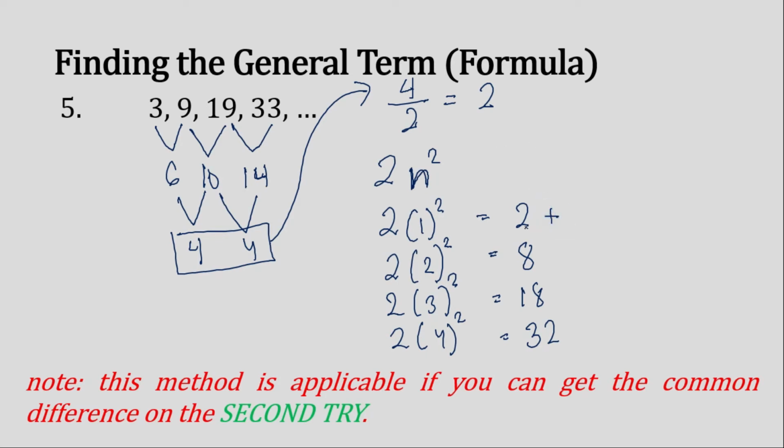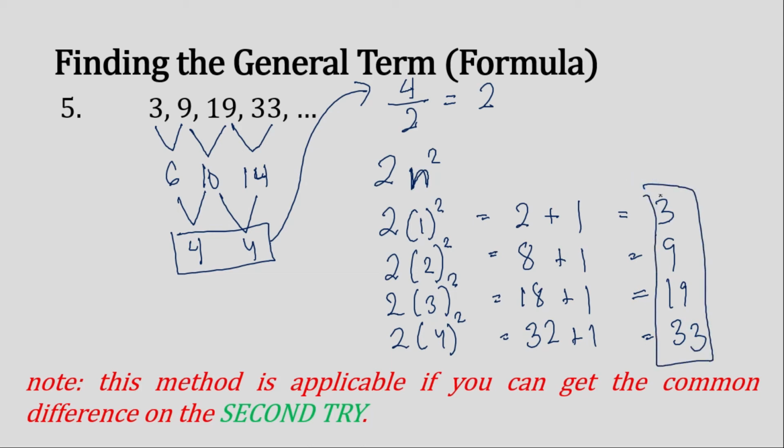So to make 2 into 3, we need to add 1. To make 8 into 9, we need to add 1. To add 1, and then to add 1. And that makes this 3, 9, 19, and 33. So we now have the same terms as on the sequence.